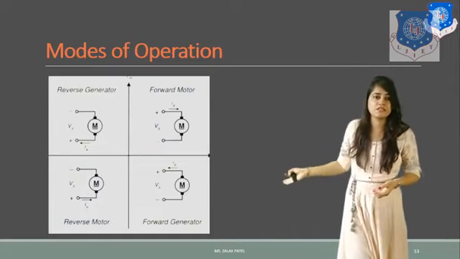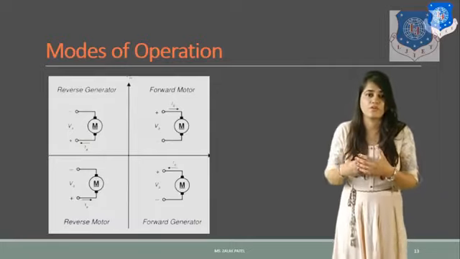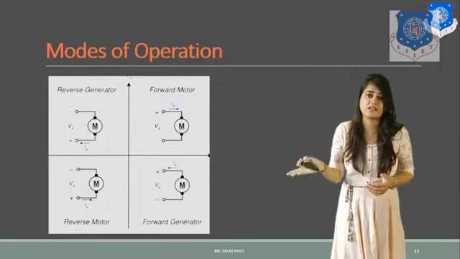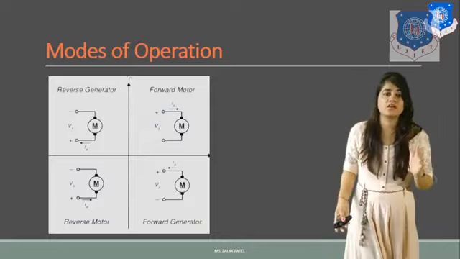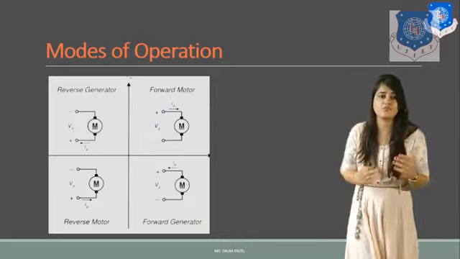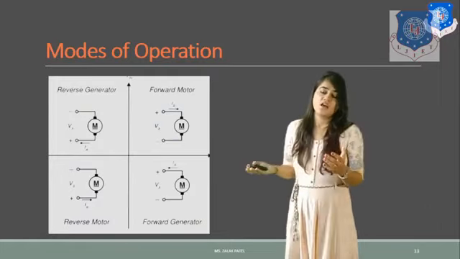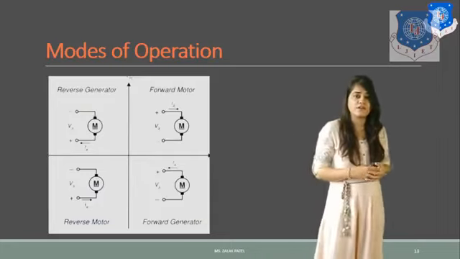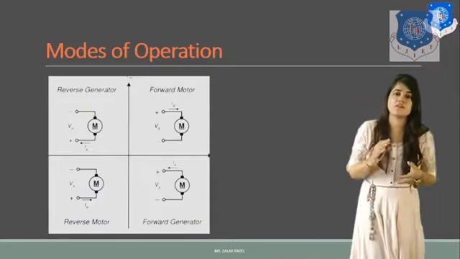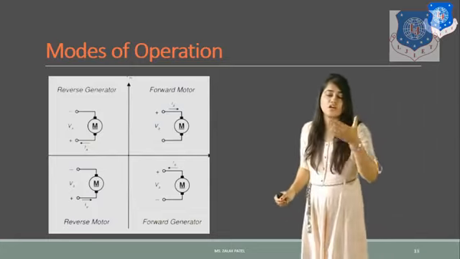If you want to see the forward generator and reverse generator also, then in this case the voltage polarity will be the same, but the current direction is totally in the opposite direction. That means if you operate in a motor mode, then the current direction is from the left to right side, means source to motor side. If you want to see the generator mode, then it will be in a reverse direction, means the current direction will be opposite in case of motor and generator.